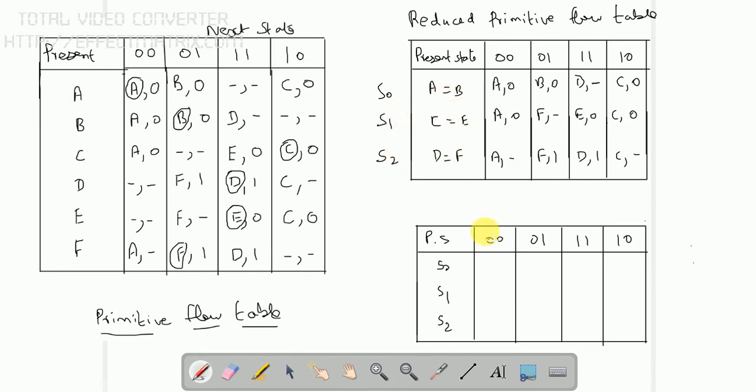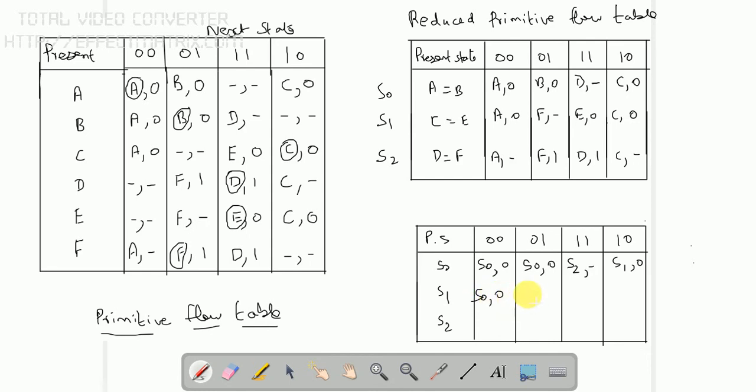So how to write this? A0 is S0, so S0 comma 0. B is also S0, so S0 comma 0. D comes under S2, so S2 comma dash. C comes under S1 because C is equal to E, which is assigned to S1, so S1 comma 0. Next again S0 comma 0.